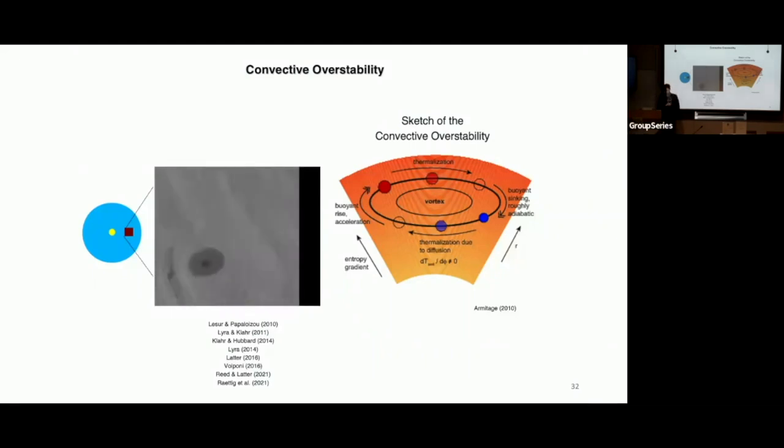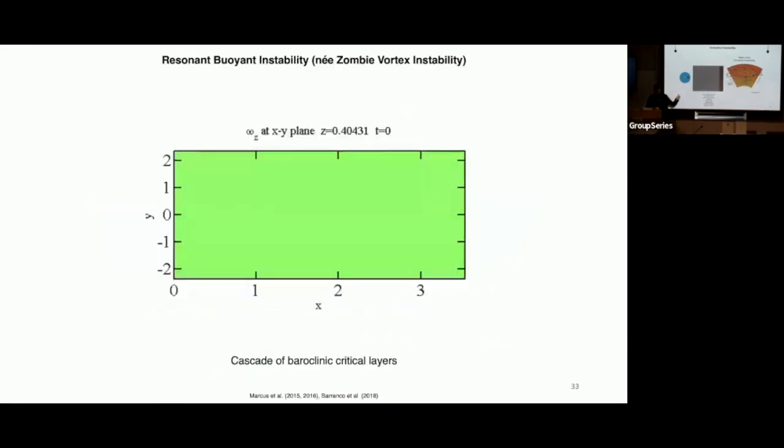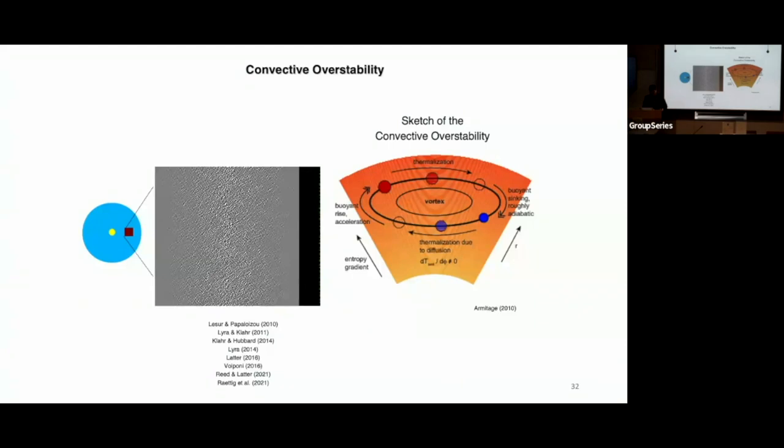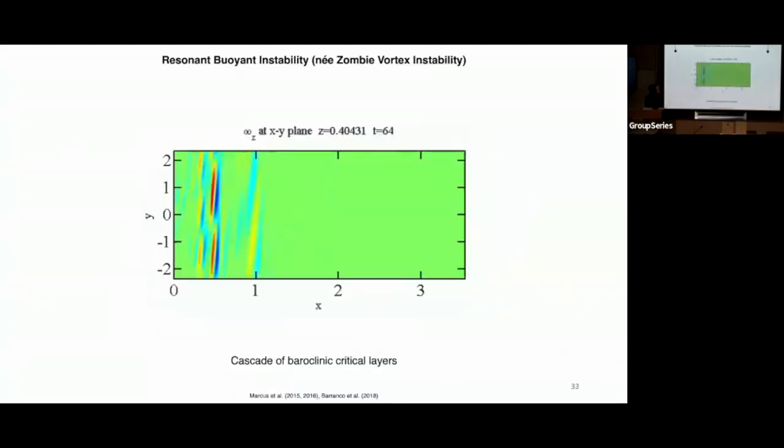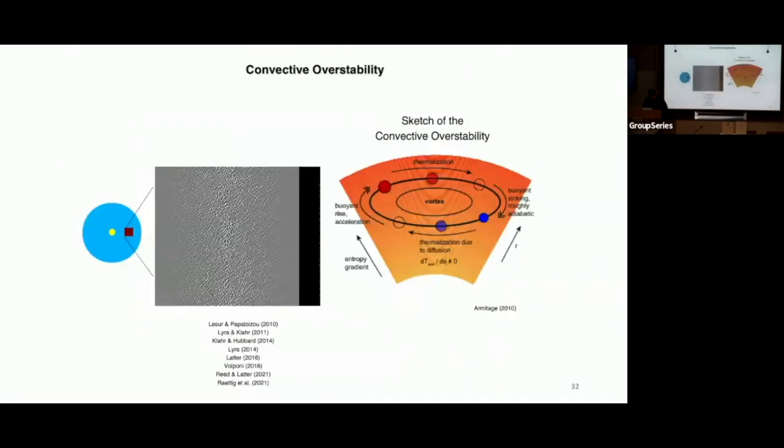We call this the convective overstability when it comes to disks. You need two things for that: a radial entropy gradient and a finite cooling time. I thought I had written that here, but it's not showing. Well, I'll go back to it.